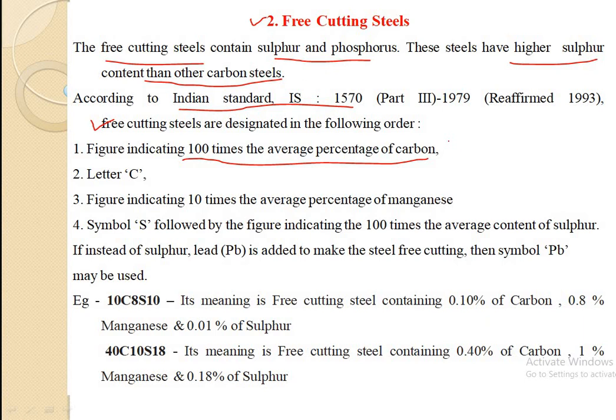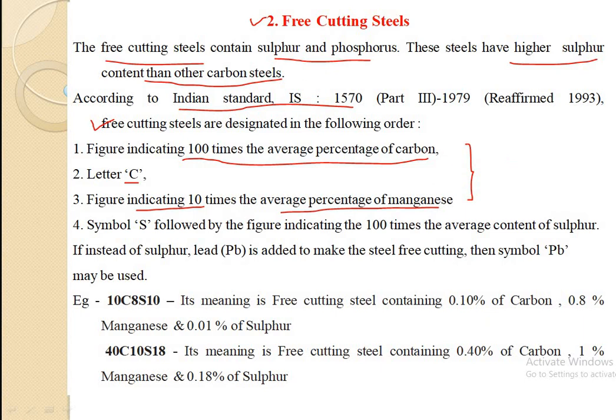Now this number is followed by a capital letter C, which stands for carbon content. Then after C there is another number, 10, as we have already seen in mild steel, that is 10 times the percentage of manganese. Means up to this point it is the same procedure as mild steel.